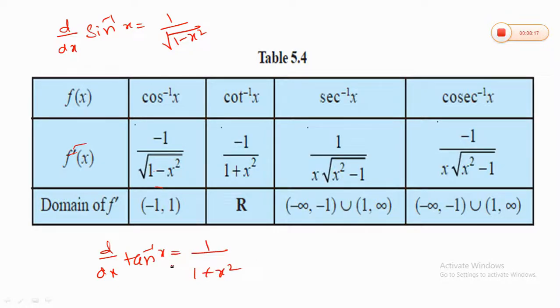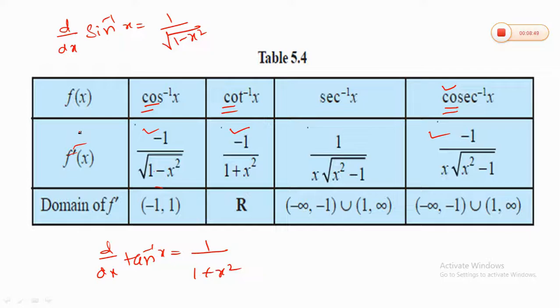And observe here, derivative of cot inverse has a minus sign, cos inverse is minus, cot inverse is minus, and sec inverse is plus, cosec inverse is again minus. Observe here cos, cot, cosec: to remember, those beginning with C have all the minus signs.